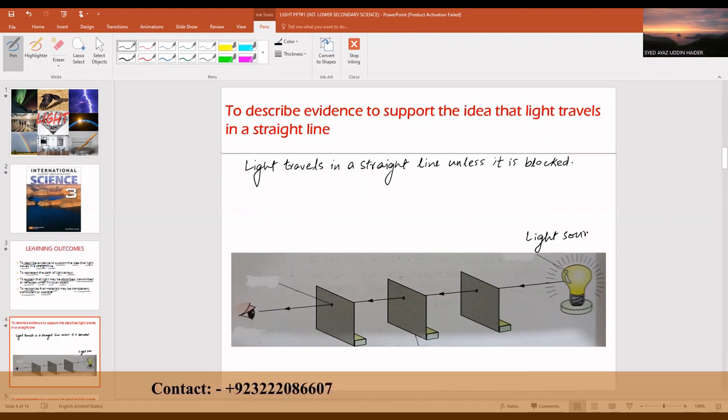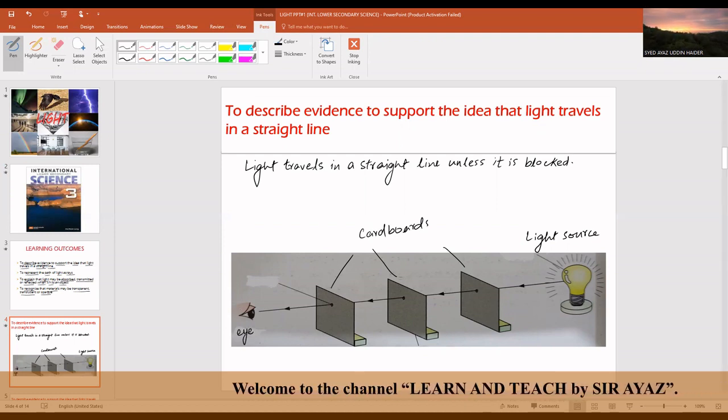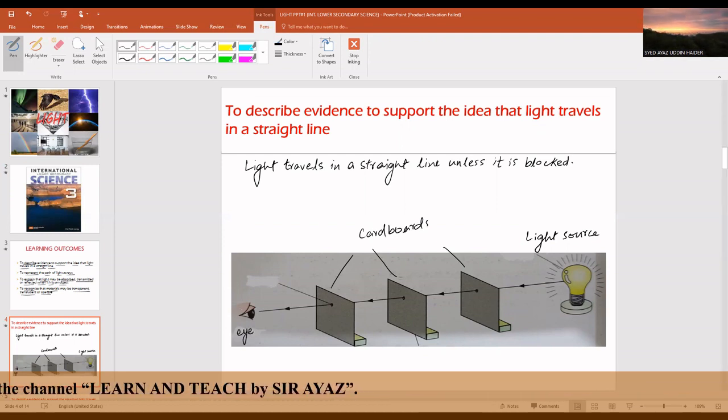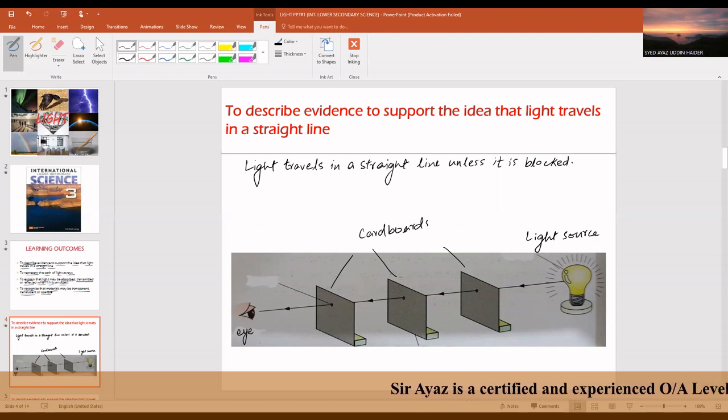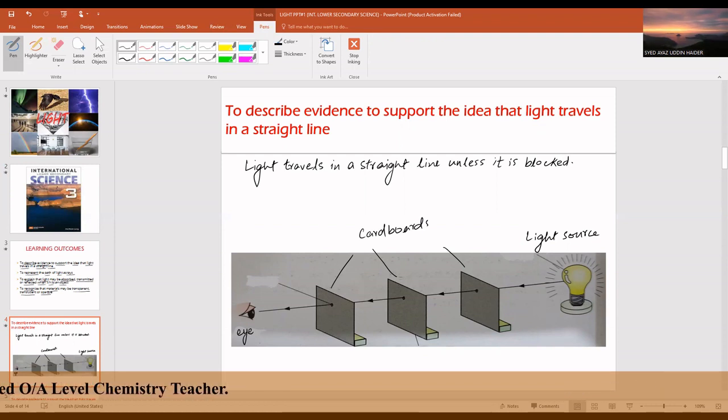This is the light source. 3 cardboards, 1, 2, 3 cardboards, and an eye on the left hand side. There is a small hole on each cardboard, and they are also aligned in line. If we move any one of the cardboards, we won't be able to see the light. This proves that light travels in a straight line.